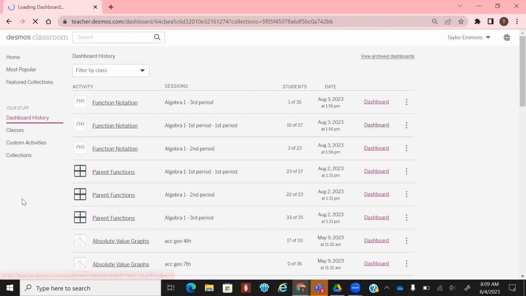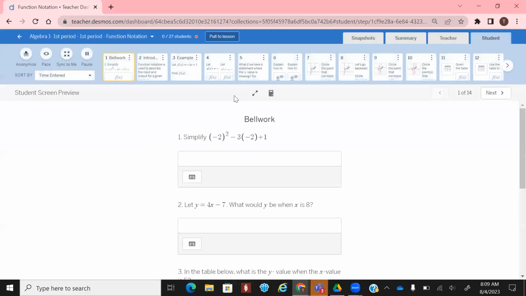Okay, I only want you to do the odd slides. You don't have to do all of them. So that means you're going to do slide 1, slide 3, slide 5, slide 7, slide 9, slide 11. Does that make sense? Don't do every single slide unless you just want to.